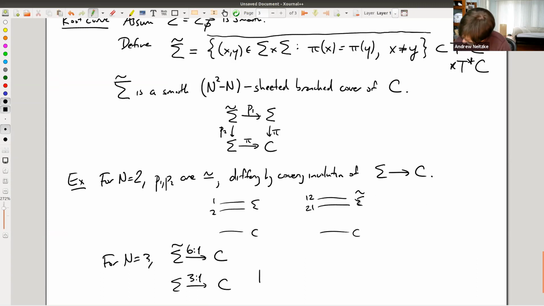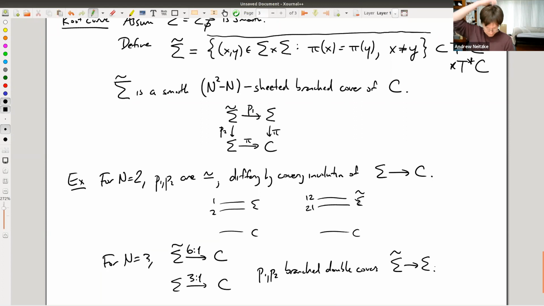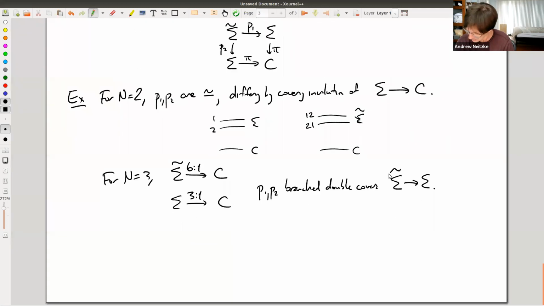And P1 and P2 are branch double covers, sigma twiddle to C. Okay, so we're going to work on this root curve because that's where everything makes global sense, everything that I want to talk about. But nevertheless, for drawing pictures, we'll trivialize.